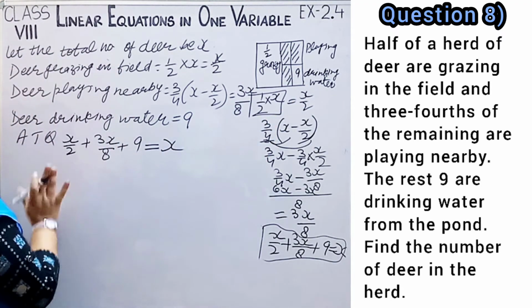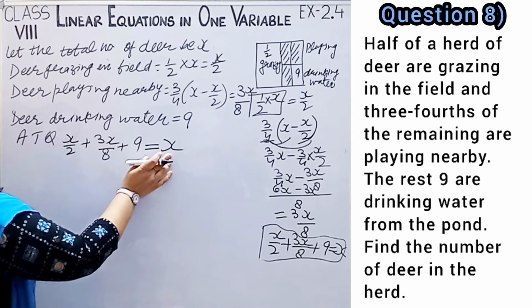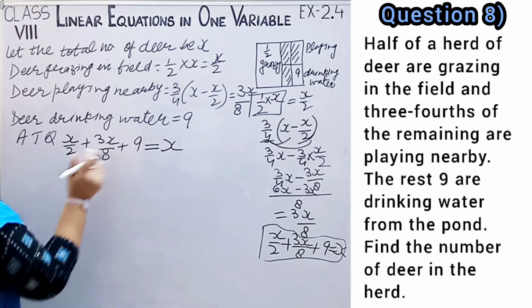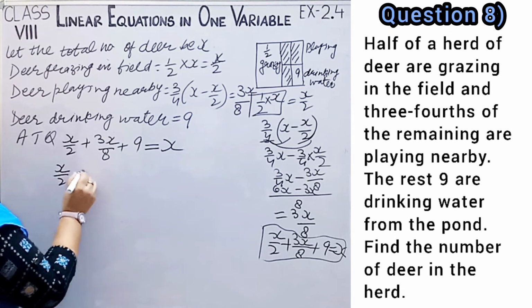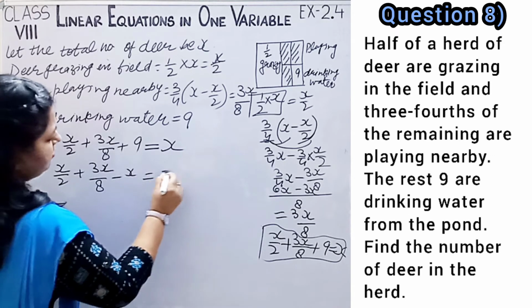Now calculation. This is variable, so we are transposing x from right to left. So x upon 2 plus 3x upon 8 minus x is equal to minus 9.